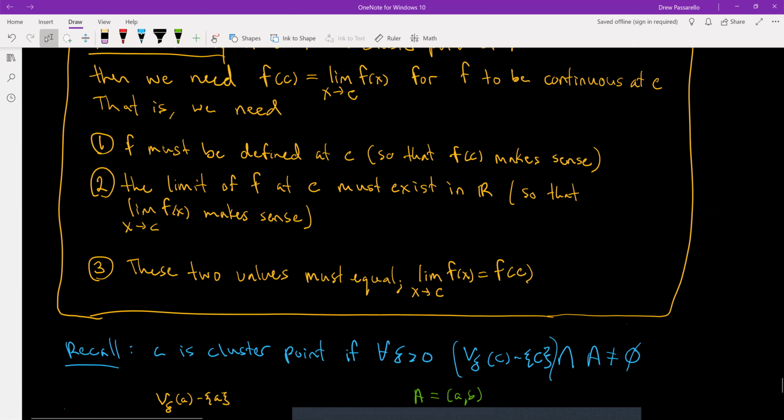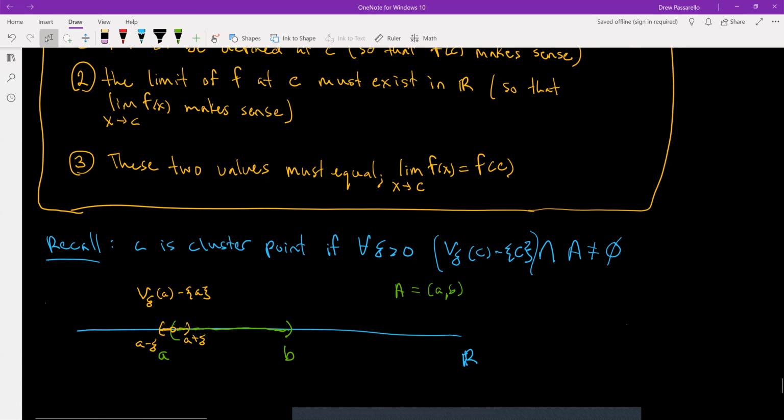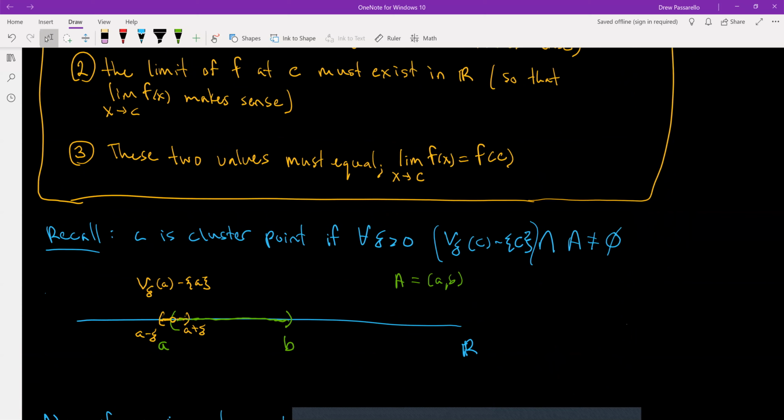Now recall that a cluster point means that if you take any punctured delta neighborhood and intersect it with the set A, then that intersection is non-empty. Graphically, I drew an open interval A, where the endpoints are a and b.